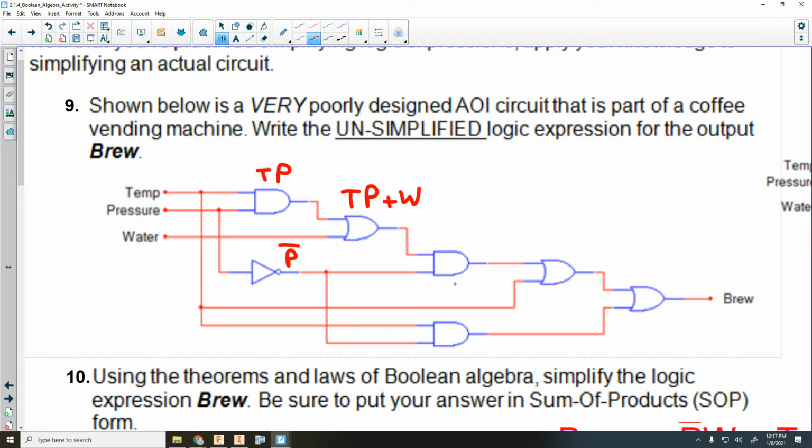So then I have what? TP or W ANDed with P naught. So what do we got? Well, it would be TP or W ANDed with P naught.